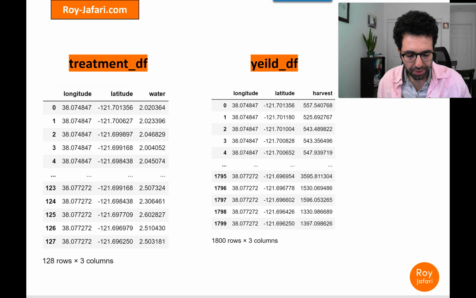If you naively look at these two data sets, you say, okay, it's very easy, just connect their rows together. But you can see that this is only 128 rows, and these are 1800 rows, and there are clearly no complete connections between these longitudes and latitudes.